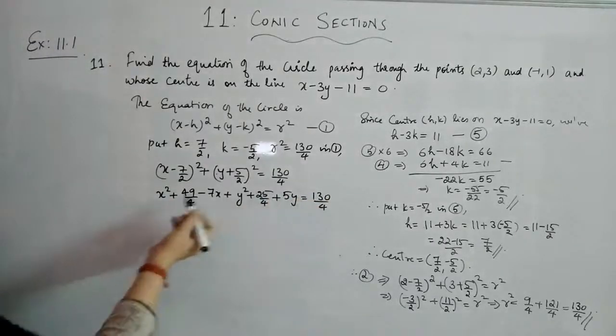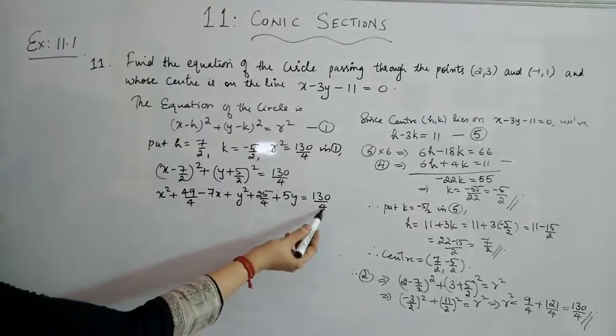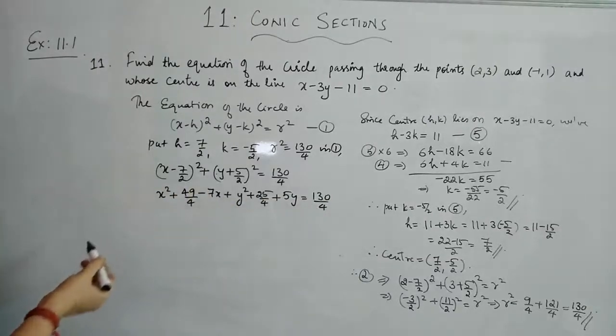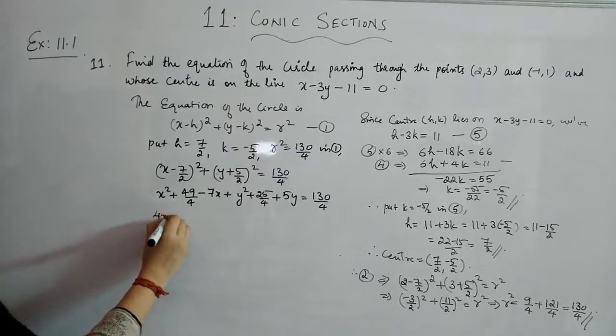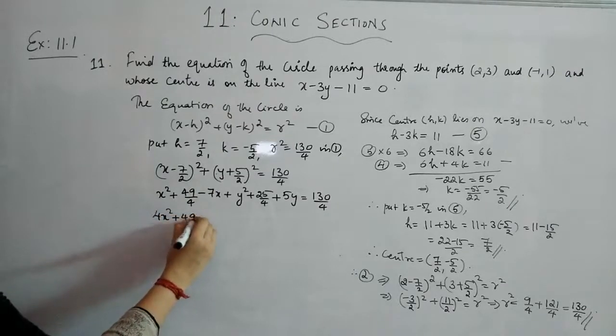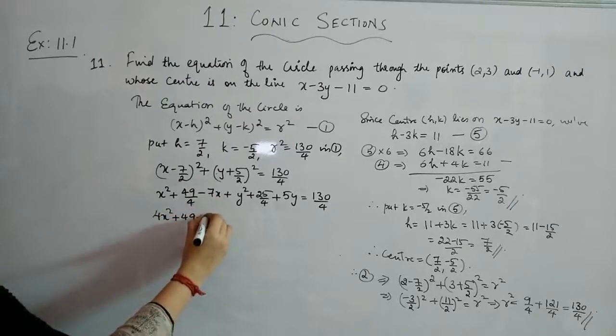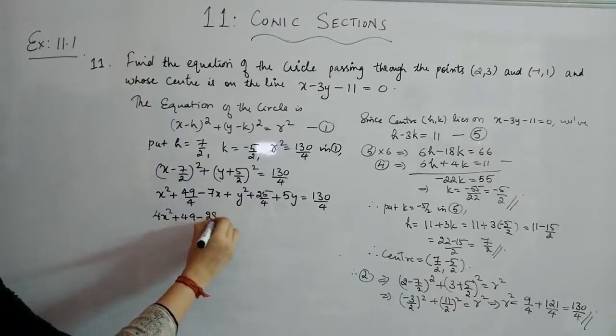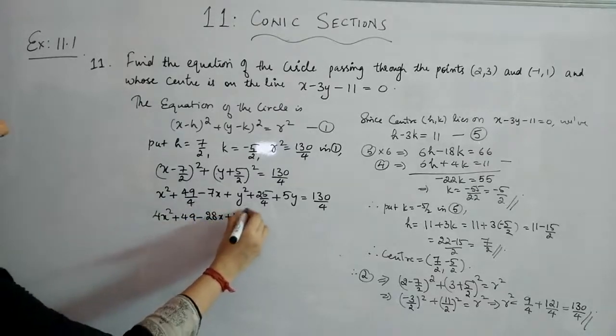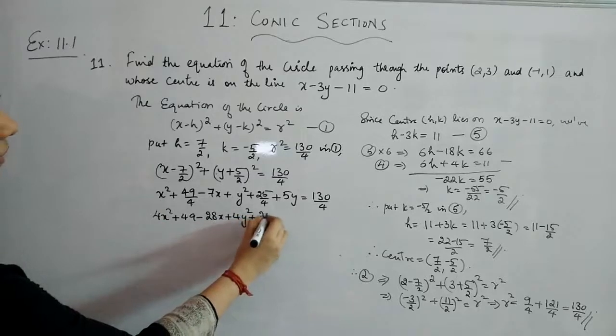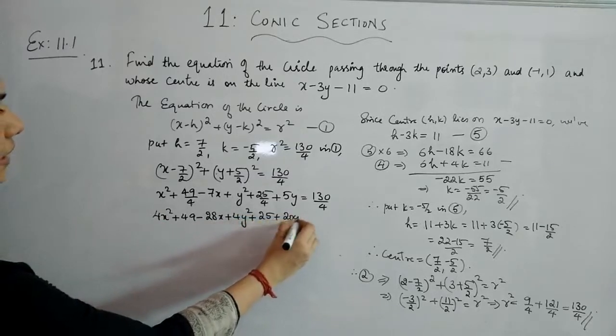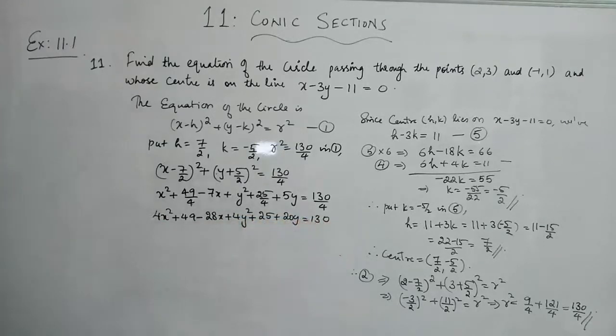Now just taking the LCM, or you can just say that you are just cross multiplying this 4 to the other side. What you will get is 4x square plus 49 minus, this will give you 28x plus 4y square plus 25 plus 20y equal to 130.